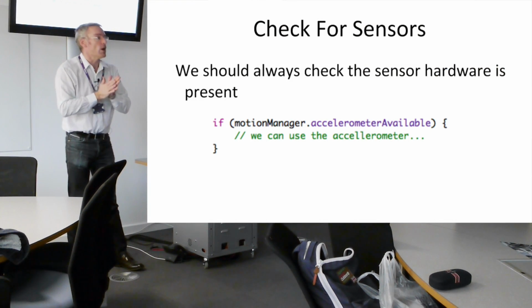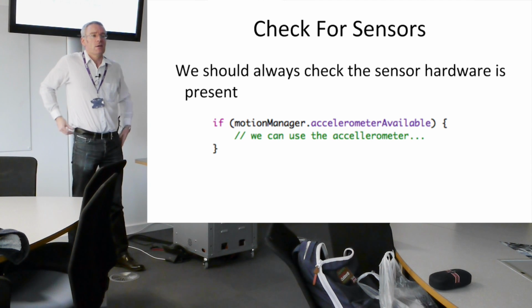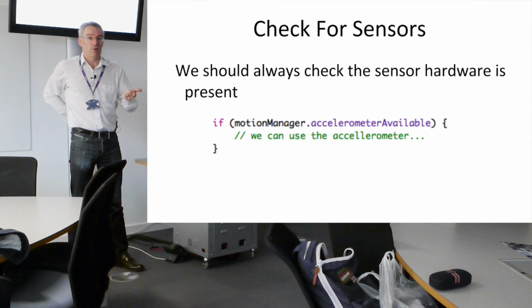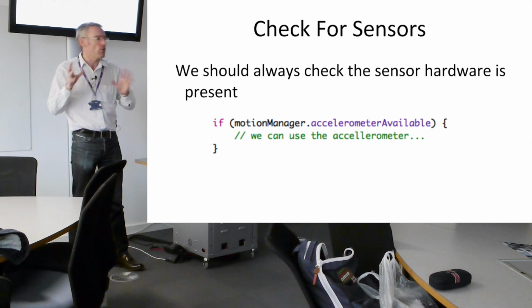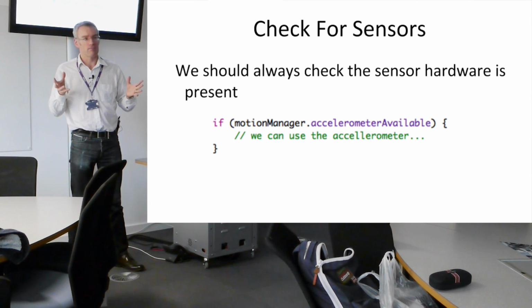However, let's get onto some code. First thing we need to think about is, does the sensor exist? In theory, you shouldn't have to do this, because iPhone 4 and above has the gyroscope and the accelerometer, they're both present. But it's defensive programming, it's worth checking to make sure the sensors are there and functional.